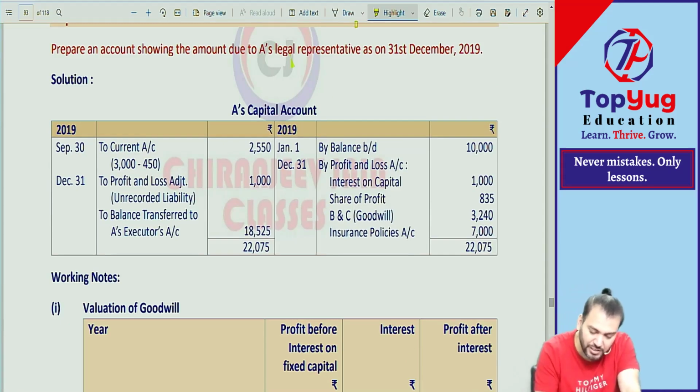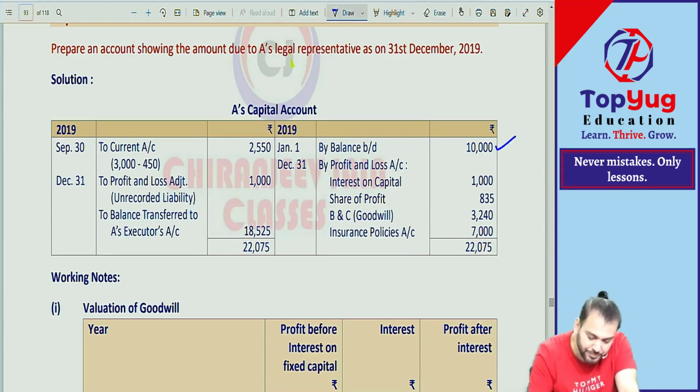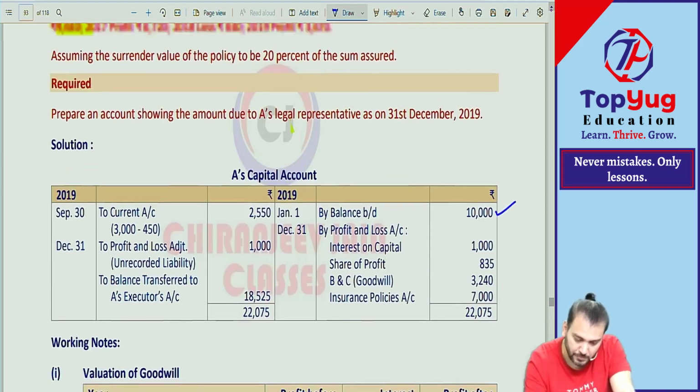Why is it not matching? We will check. This is correct. Interest on capital, how much have we taken? Oh my God. We have taken 1,000. A lakh. This is 100% wrong now.